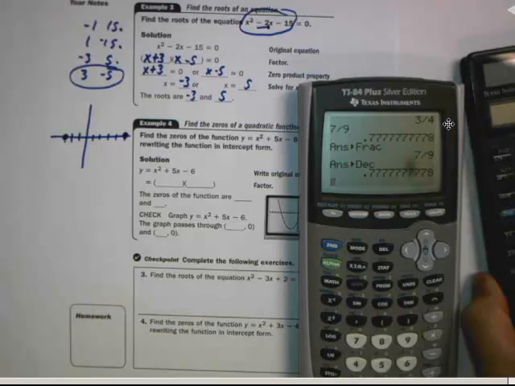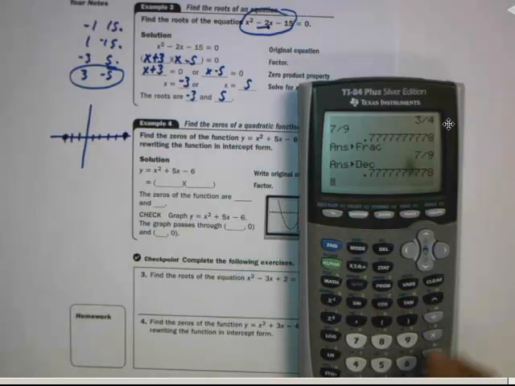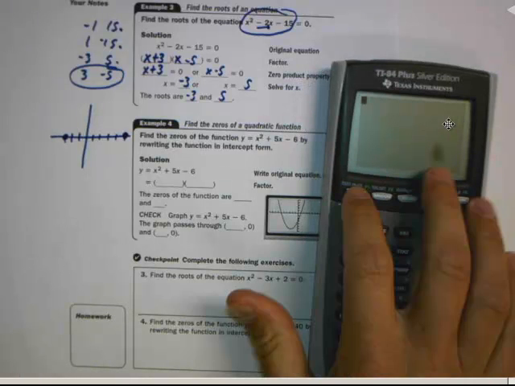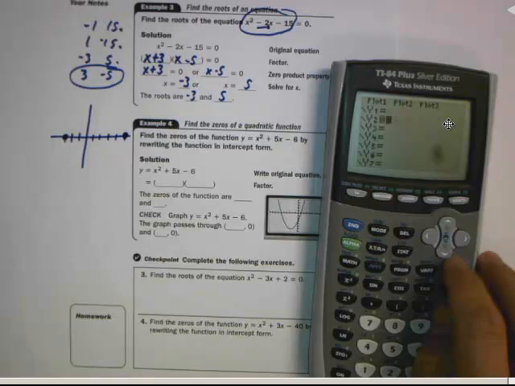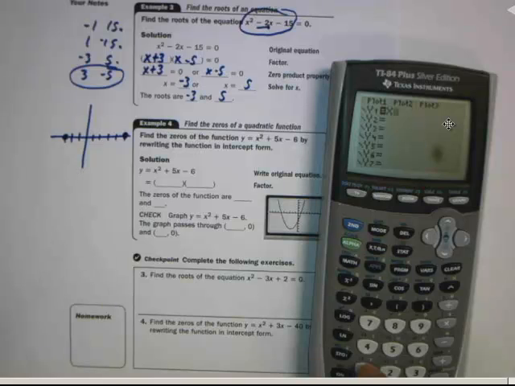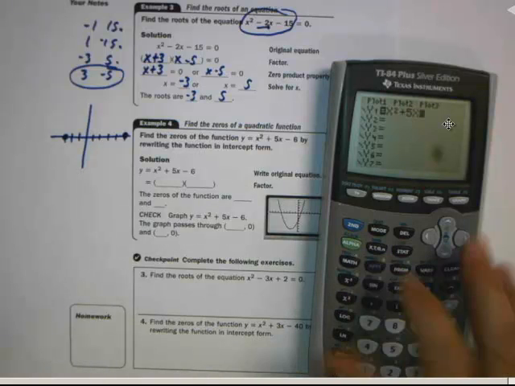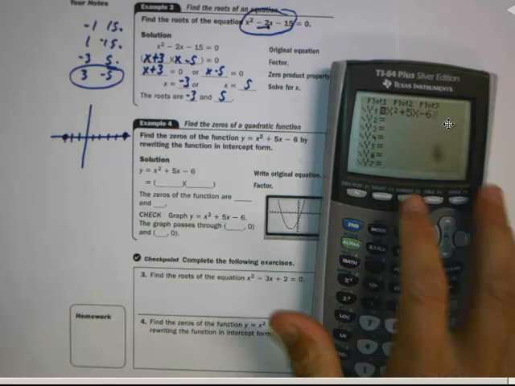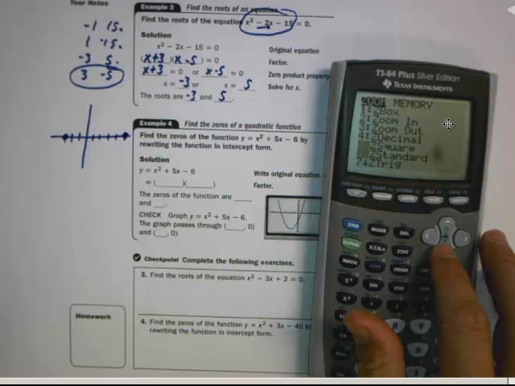I'm going to bring my handy-dandy TI-84 in here, and it looks like we got a pretty good picture here. So when I graph this thing, I go to my y equals button, and then I do x squared plus 5x minus 6, and then I'm going to do a zoom standard.